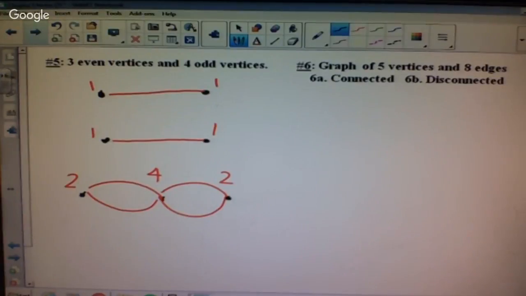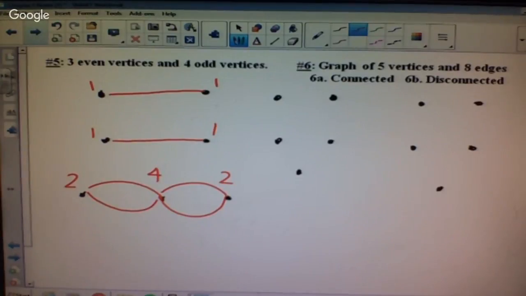Okay, my last one. Now you're seeing it's getting specific. They want one that is connected and one that is disconnected. So I need 5 vertices. I'm going to draw all the vertices first. Okay, so I've got 5 up there for my connected and 5 for my disconnected. All you need to remember with connected is to make sure every point is reached by an edge.